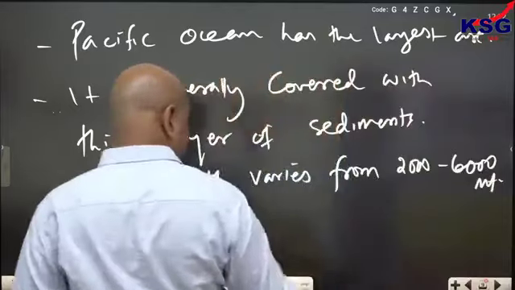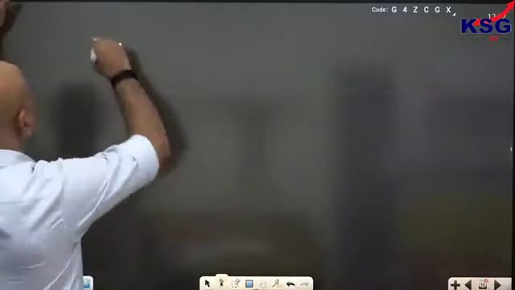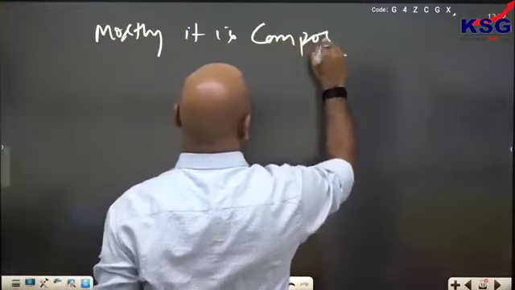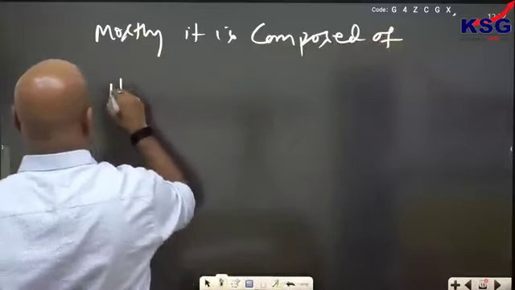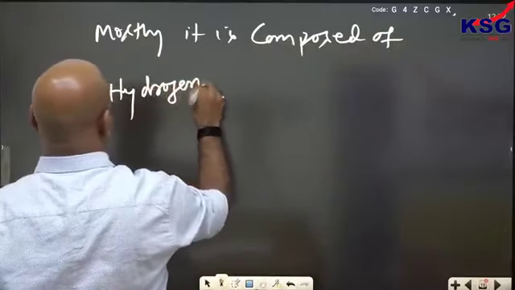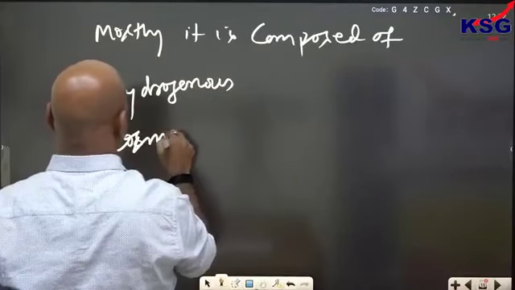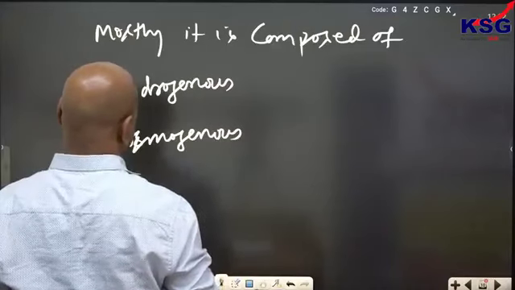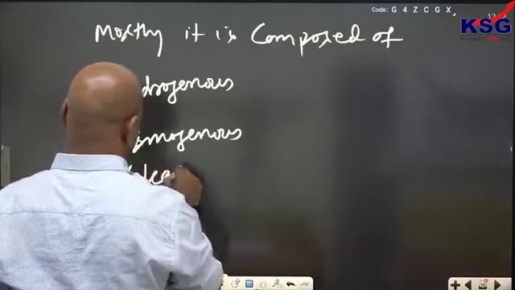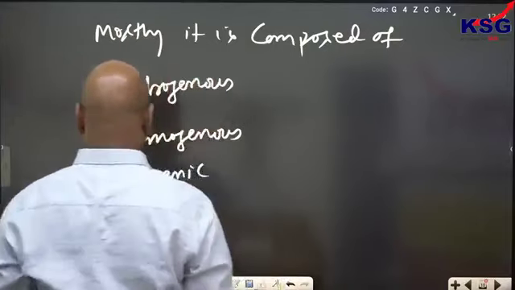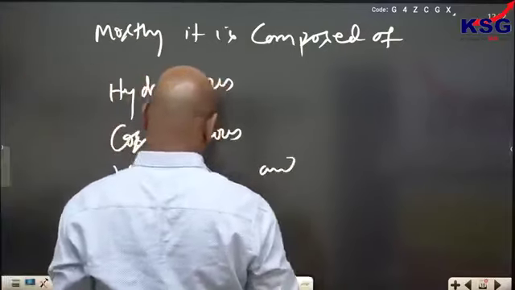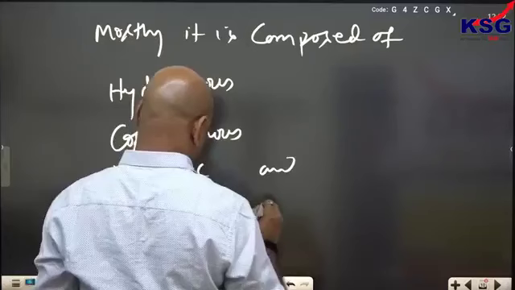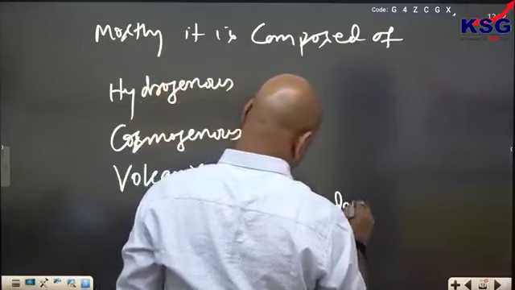They are made up of what type of sediments now? Mostly it is composed of hydrogenous, cosmogenous, volcanic and organic ooze deposits.